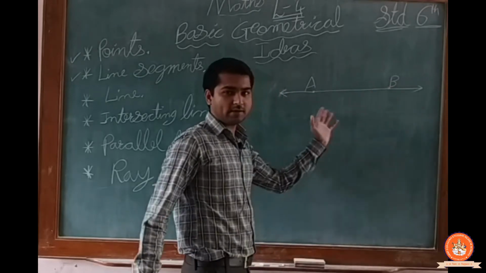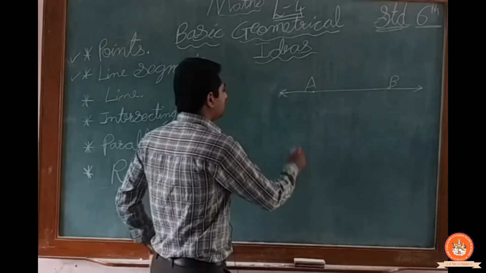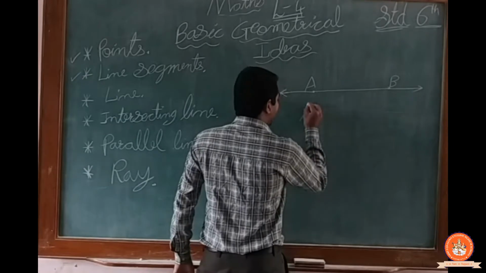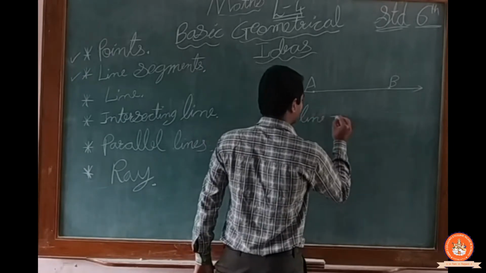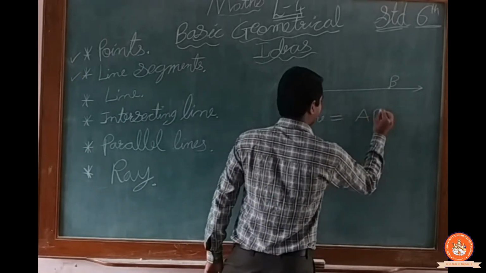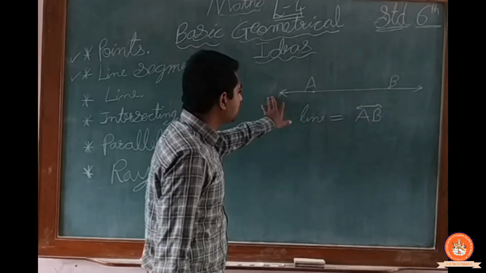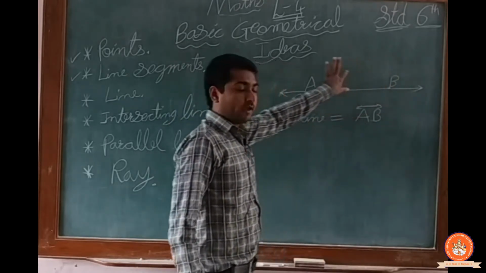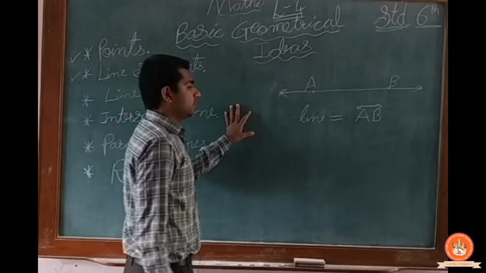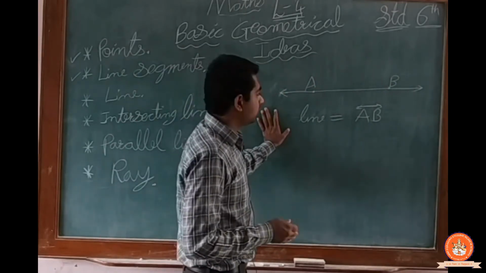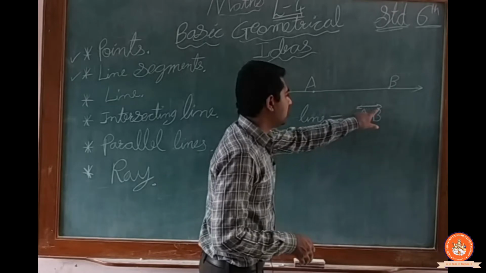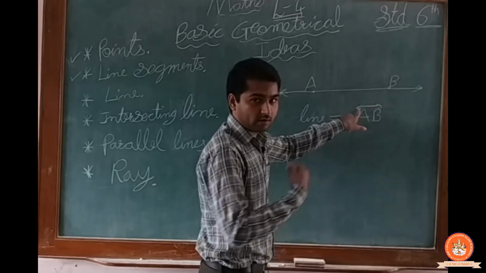So we can say that the line is AB. If you have this type of diagram, and they ask which line, you will say AB and you will draw this type of symbol above it.